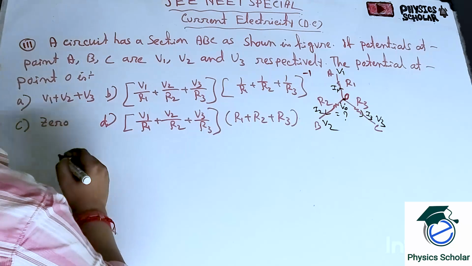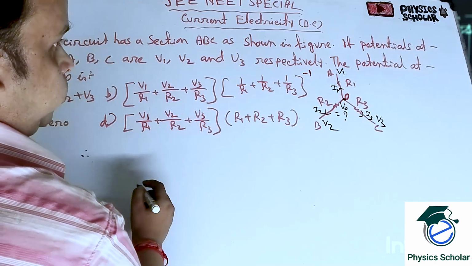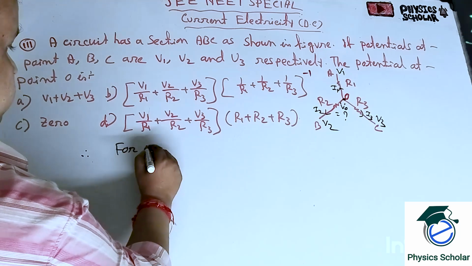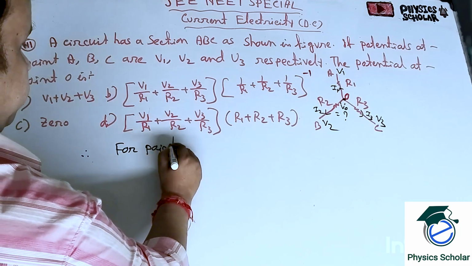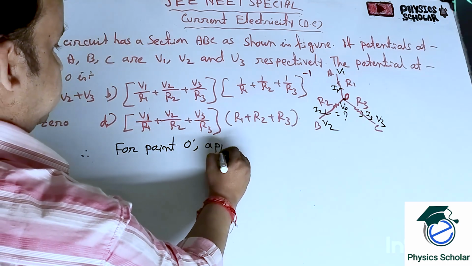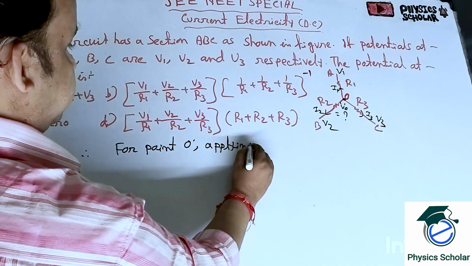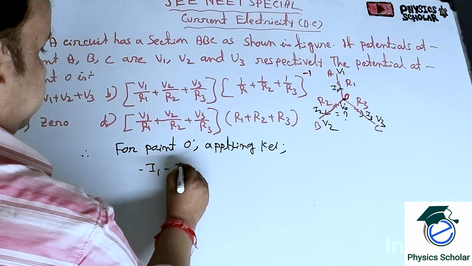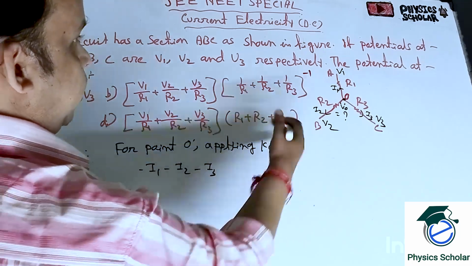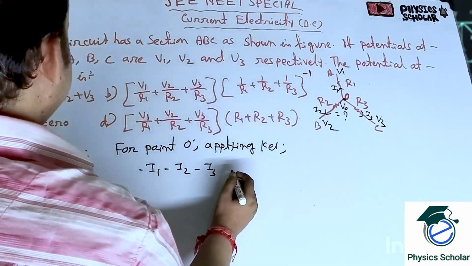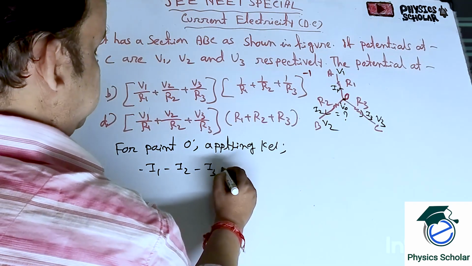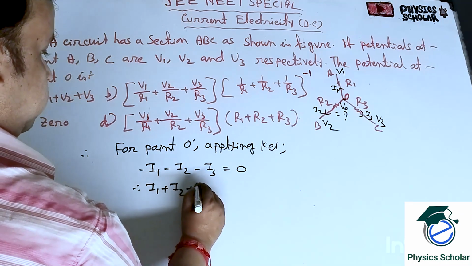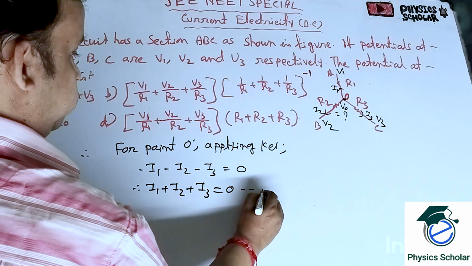That is given. So for point O, applying KCL, what can you write? I1 plus I2 plus I3, all are going out, is equal to 0. It is equation number 1.